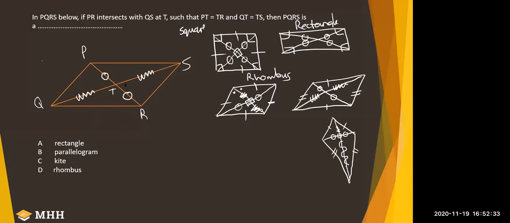Well, you can see from this, it's not a kite because then there will be a 90 degree, and they must put in a 90 degree there at least. It won't be a rhombus because they didn't indicate that that's 90 degrees. It's not a rectangle because they didn't indicate 90 degrees, and if it is a rectangle, it means all the diagonals will be equal. So it will be a parallelogram.